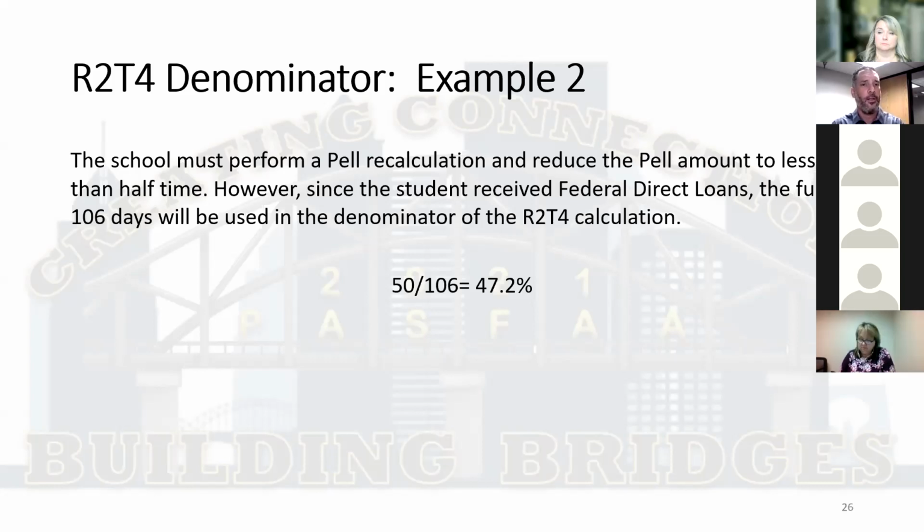Because remember, the school must perform a Pell recalculation and reduce the amount to less than half-time, because that's all they were there for. And your Pell is based on what? The actual time they attended the institution. However, since the student received direct loan, the full 106 days was used. So whoever provided that answer, thank you. You were right on base, and that's what we want.